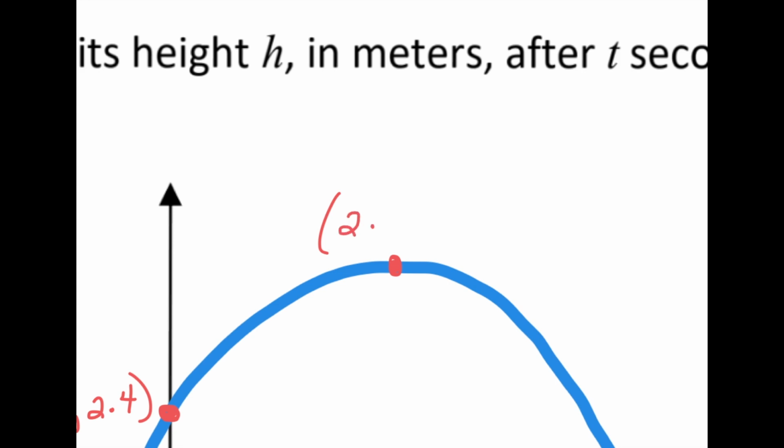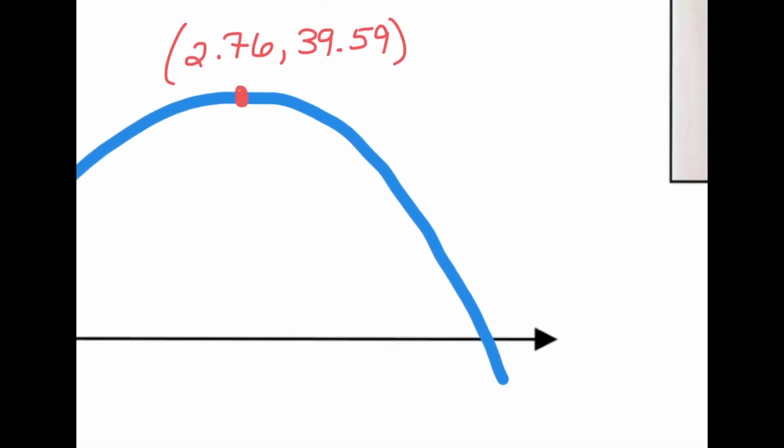So it's 2.755, I'm going to round it to 2.76, and it's 39.594, I'm going to round it to 39.59. And then this x-intercept here is 5.598, I'm going to round this to 5.60 and 0.